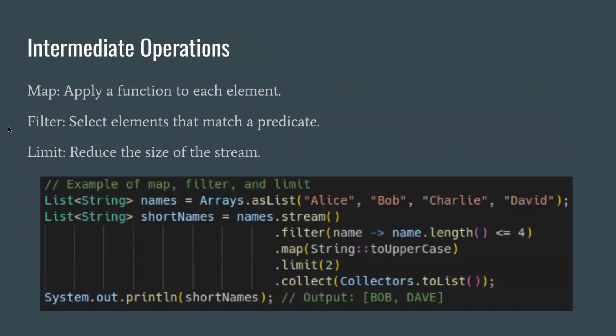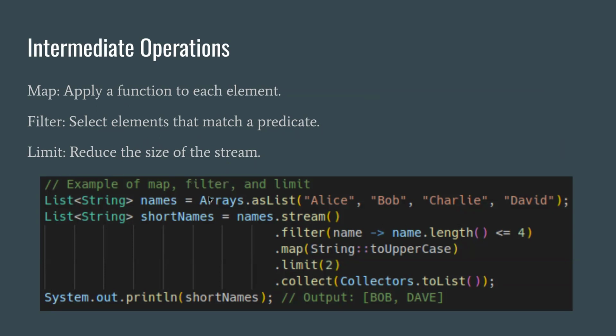And filter lets us exclude elements based on a condition. And limit is useful if you want to truncate the stream to a specified number of elements. These operations are powerful for manipulating data without altering the original source.